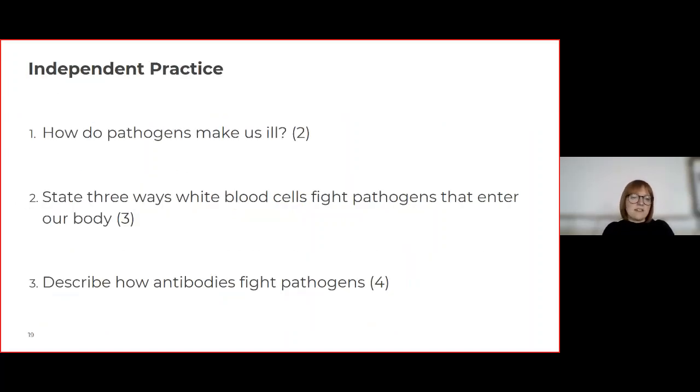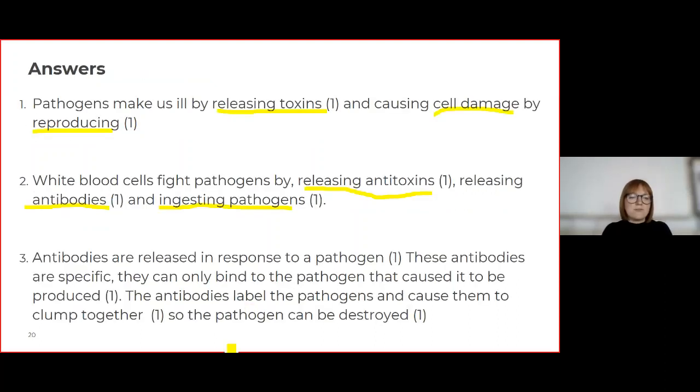The last question then, describe how antibodies fight pathogens. Now this would be a much more detailed answer, okay, so we can see that antibodies are released in response to a pathogen. The antibodies are specific, okay, so we need to know that they are a specific shape and that they can bind to only that pathogen.